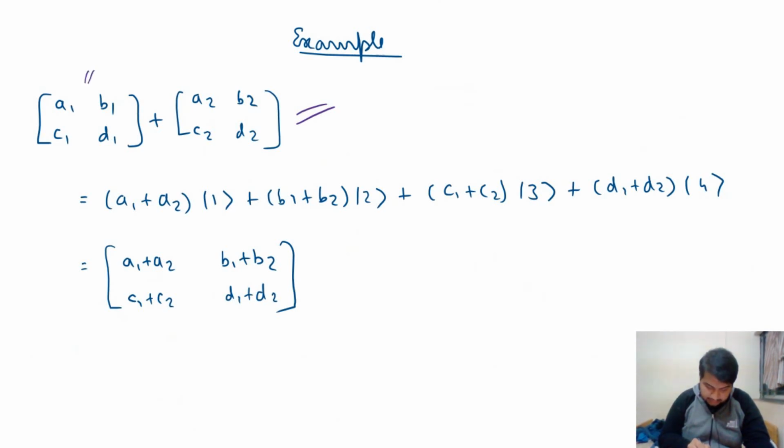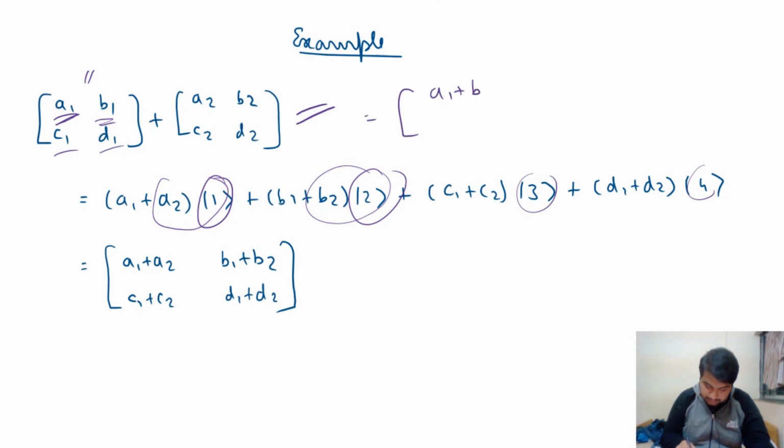This matrix will be nothing but A1 times vector 1 plus B1 times vector 2 plus C1 times vector 3 plus D1 times vector 4, whereas this is nothing but A2 times vector 1, B2 times vector 2, and so on. Their sum is A1 plus A2, B1 plus B2, C1 plus C2, D1 plus D2.